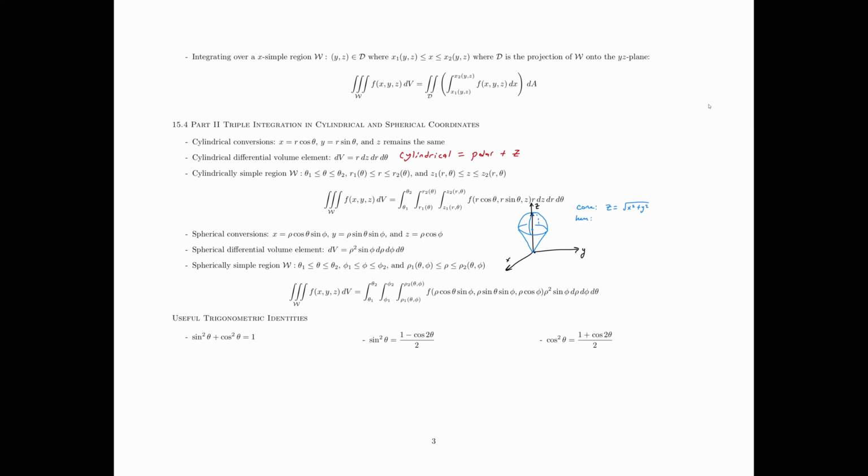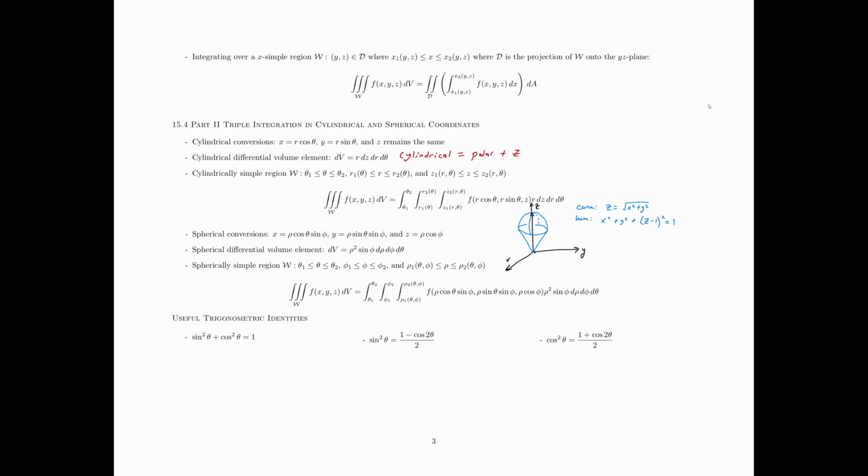We can say this is x squared plus y squared plus (z minus 1) squared equals 1. So this equation does produce the lower half here, but we're only going to talk about the top half of it.